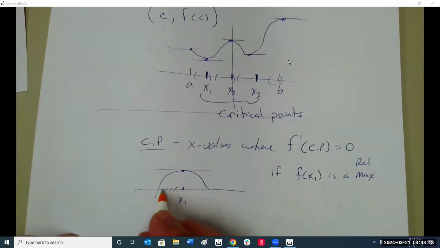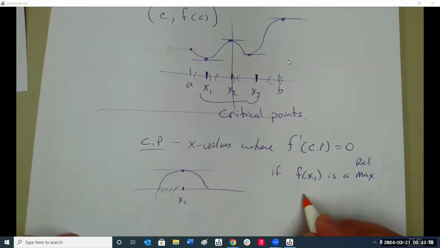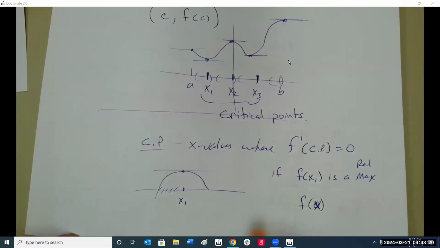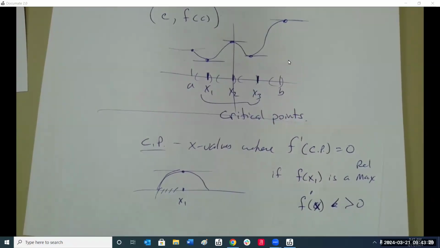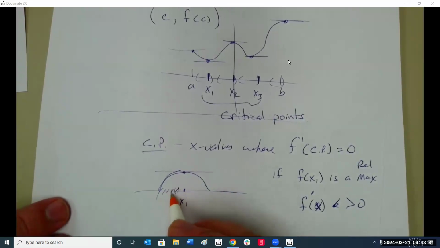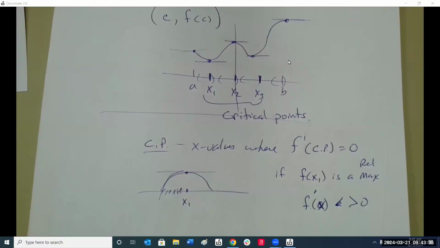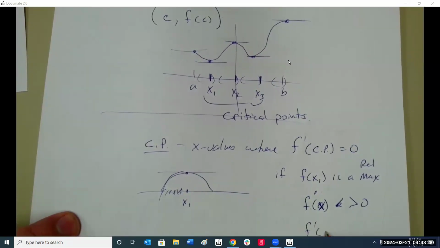That means everything to the left of it, all of the x values, or even the derivative, has to be positive. So all the x values to the left of it, their slope is positive, which means it's increasing. All the x values after it are going to be negative.